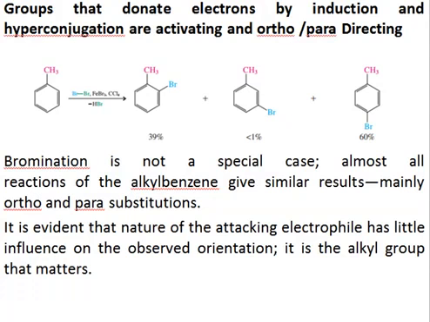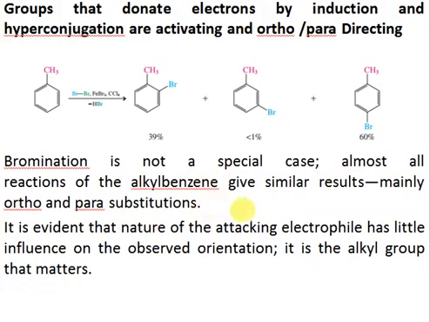Bromination is not a special reaction in which we get this ratio of 60% para and 39% ortho product with almost no meta product. Almost all reactions of alkyl benzene give similar results, and the only products we get are the ortho and para substituted ones. We don't get any meta product in reactions that involve alkyl benzene, right?